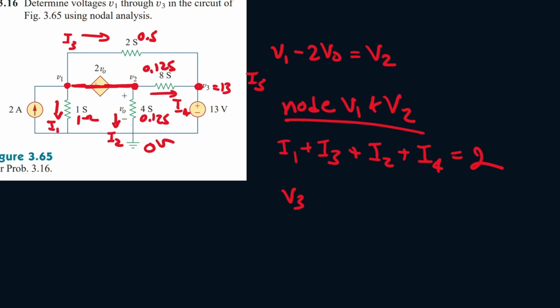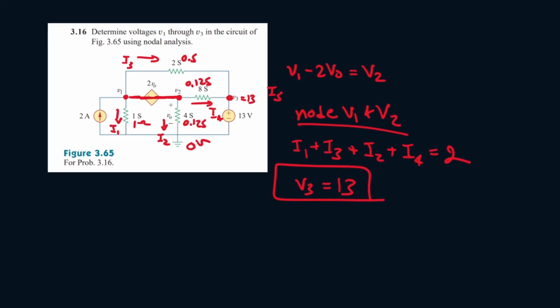For example, if a current moves in this direction, it's going to hit 0 volts, and the only way to hit 0 volts is if this one is 13, because 13 minus 13, since it's leaving from the negative terminal, is equal to 0. Okay, so V3 is actually 13, so that's already one done.